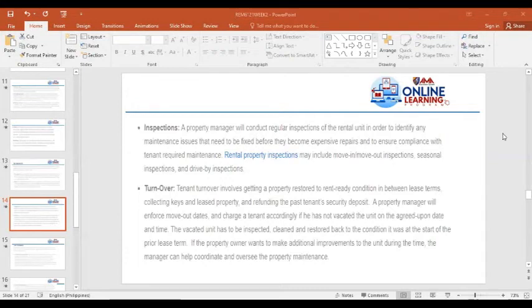So kailangan para yung cleanliness ng area will be restored and in good conditions, para in case na there is a tenant na gustong mag-occupy with that kind of unit, maganda pa yung condition ng isang unit. So the property manager should maintain the property. So kailangan maging clean ang area.